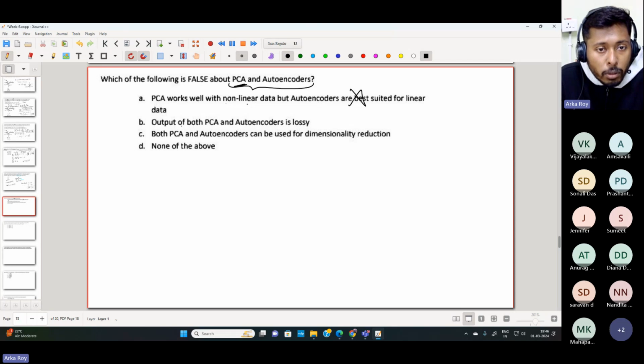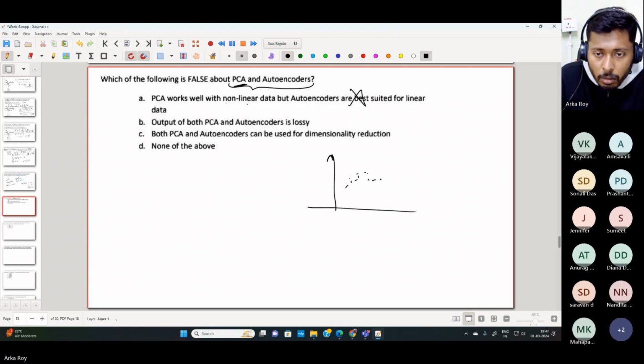Okay, the output of both PCA and autoencoder is lossy. Yes, that is true. For example, you have seen in the week lecture slide. Let's say you have data like this.